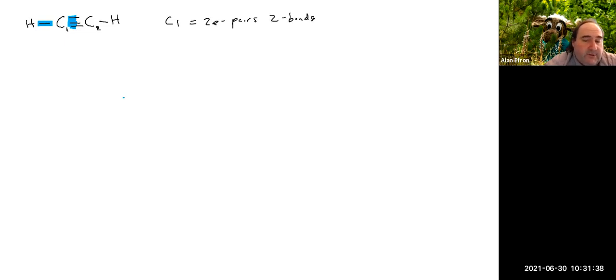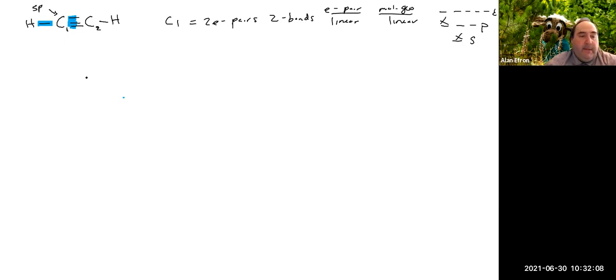So it's got 2 electron pairs and it's got 2 bonds. And that gives us an electron pair geometry of linear. Also gives us a molecular geometry of linear as well. And if we were to do the hybridization here for carbon number 1, again, we could do our S, our P, and our D, 1 and 2 electron pairs, which means that this guy here is going to hybridize as SP.